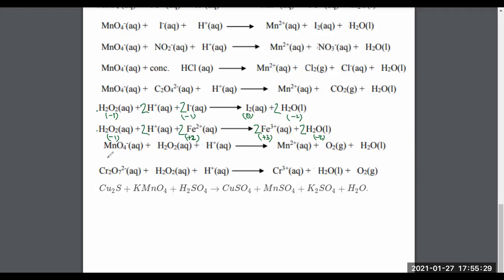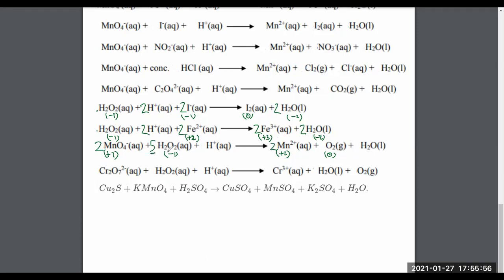Easy. Next one, permanganate, plus 7. Here it goes to plus 2. H2O2, minus 1. Here it goes to 0. Permanganate from plus 7 to plus 2, the difference is 5. In H2O2, oxygen from minus 1 to 0, the difference is 1, but there are 2 oxygen atoms, therefore I have to put a 2 here. 2 manganese, so I have to put a 2 here.